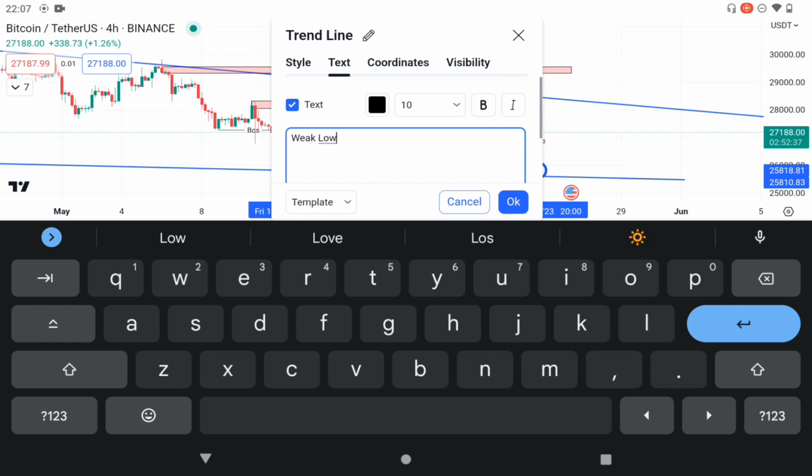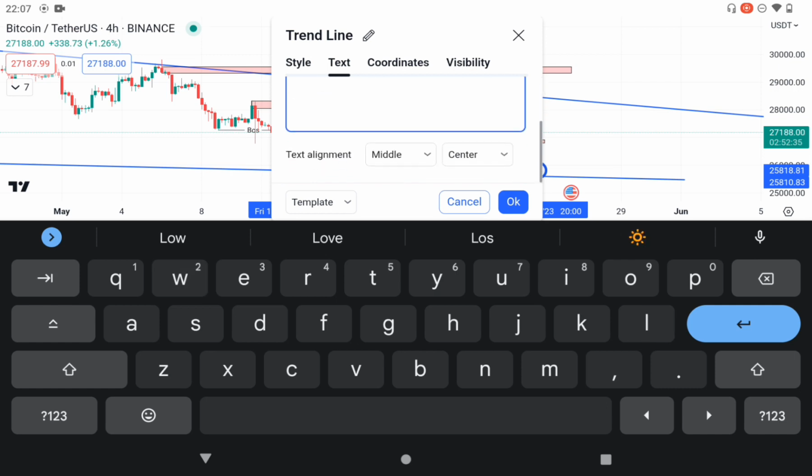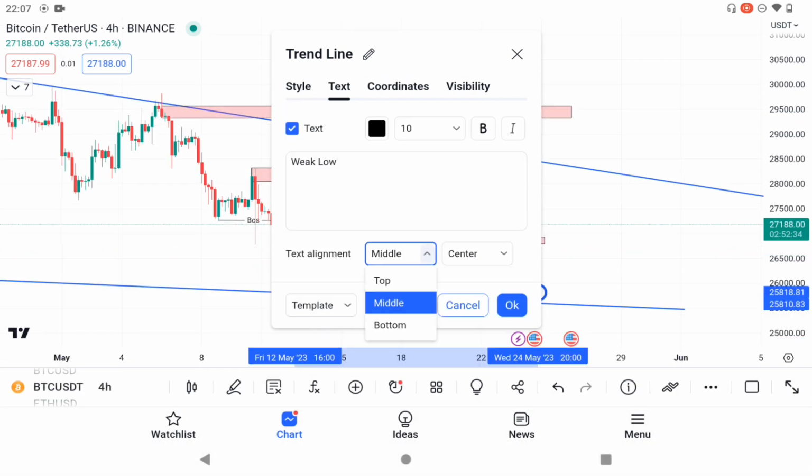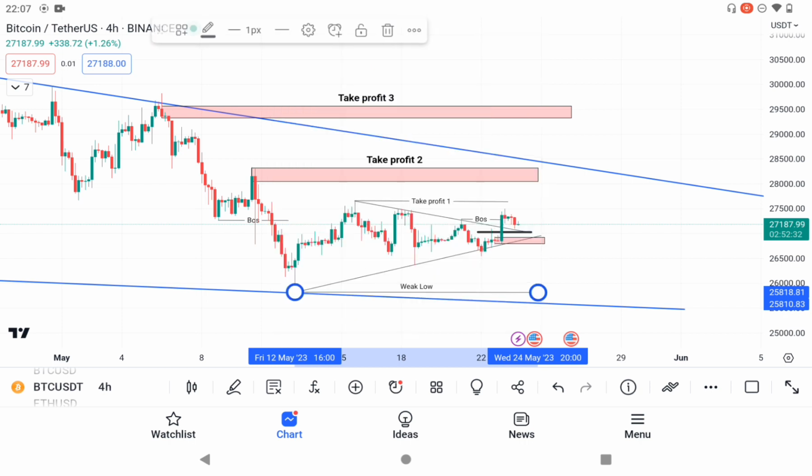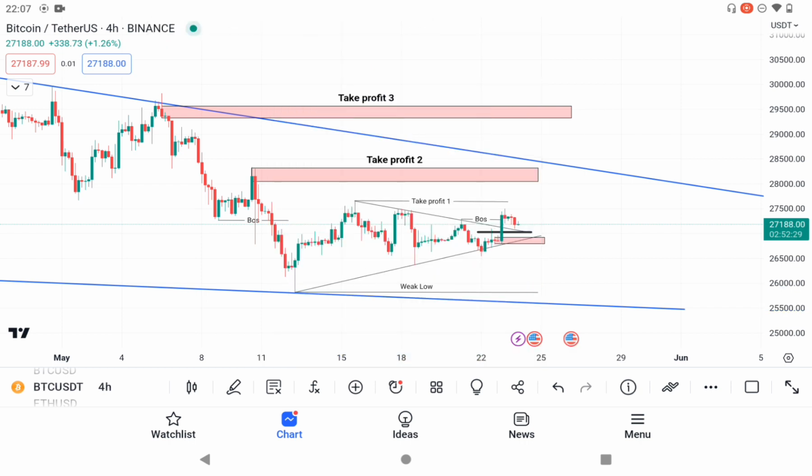So we're going to be expecting lower prices if that so. That will be a weak low and price is going to come down from here and smash this low and go down.